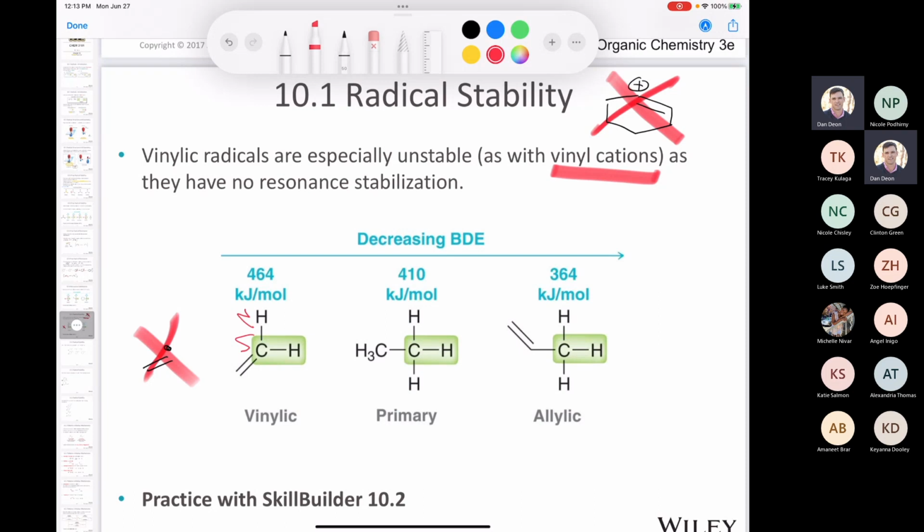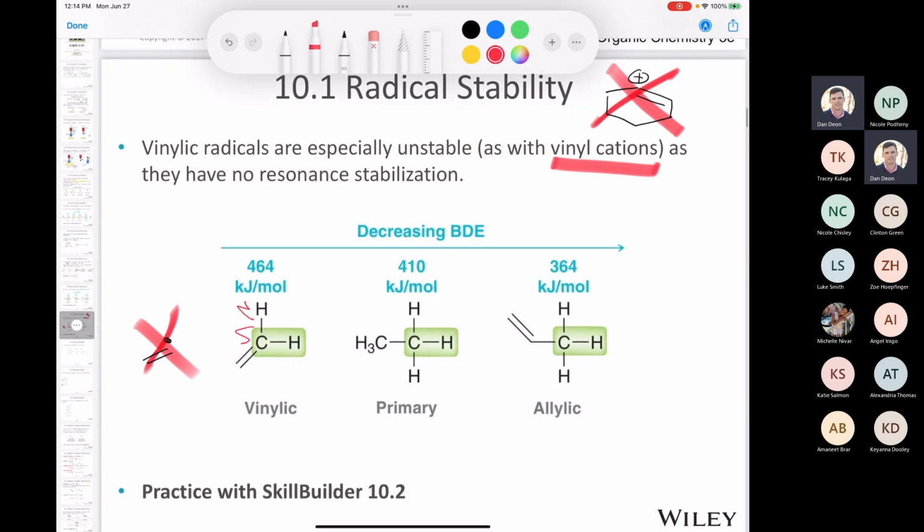Okay, super duper unstable. So those are things that everybody needs to know. We're learning the language of radicals right now, the arrows, the stability. And if you're wondering why we need to go over the stability, well, they come up when we're trying to draw the products of radical bromination, which we're going to look at the very end. You're going to need to understand, oh, this bond is weaker than this one. This bond is stronger. So it will come up a whole bunch of times.